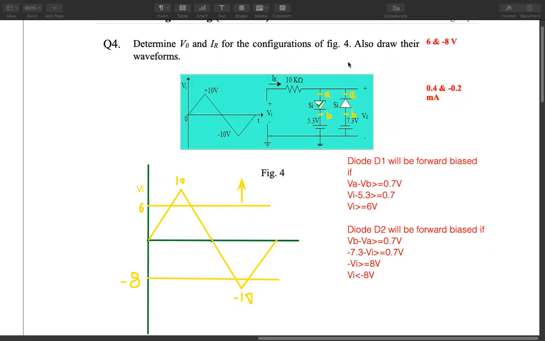Okay, now this is for forward biasing of diode D2. Now in between these, both the diodes are reverse biased. In this region and in this region, both the diodes are reverse biased.